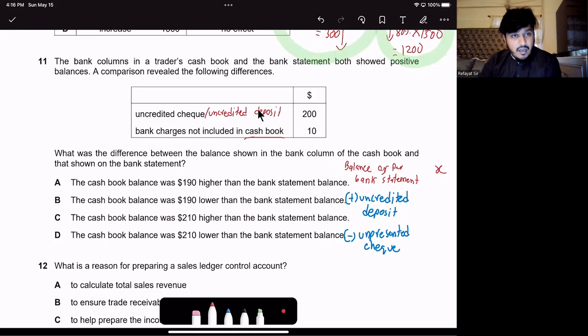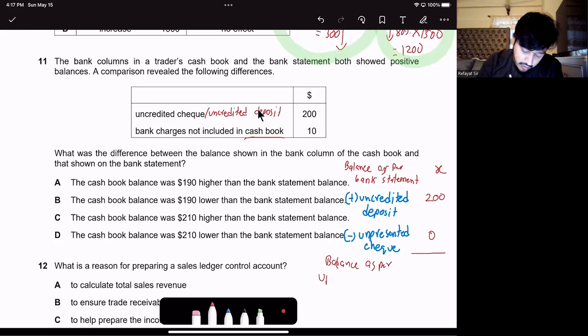So we have an uncredited deposit of $200. There is no unpresented check, and this will give us balance as per updated cash book.